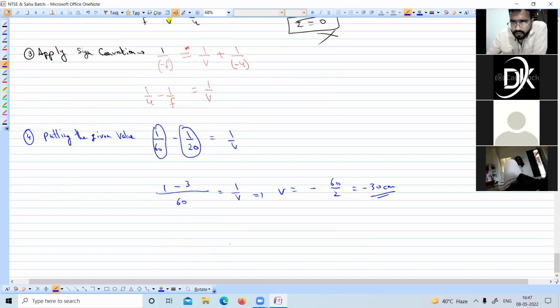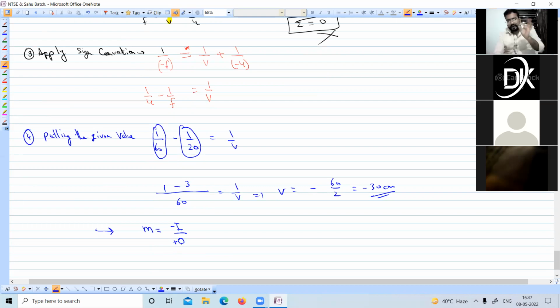Now the next part. In the next part we are going to see magnification, I upon O. I is negative, we know, predefined. This is positive, so our magnification should come negative.